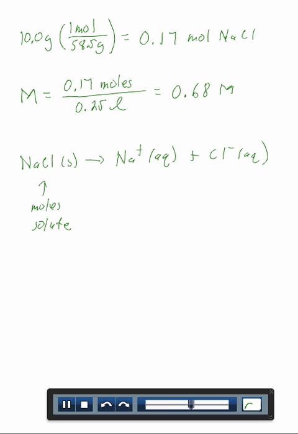Well, we look at this balanced equation and we see that there's a 1-to-1 ratio of sodium chloride to sodium plus, and so the molarity would be equal to 0.17 moles of sodium chloride times 1 mole of sodium plus per 1 mole sodium chloride.